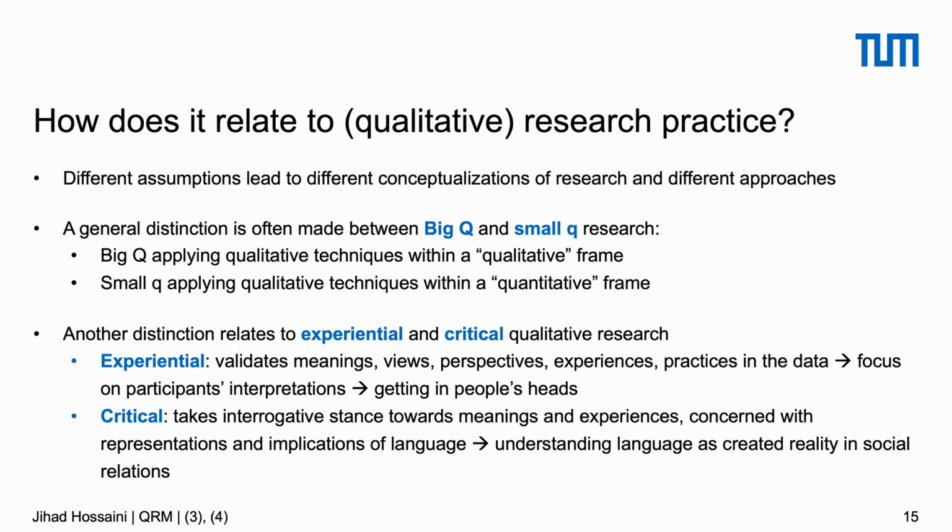Below that you have experimental research or randomized controlled trials. Below that you would have something like longitudinal research, and somewhere at the bottom you would have qualitative research. So it's the lowest level of evidence that you could have.